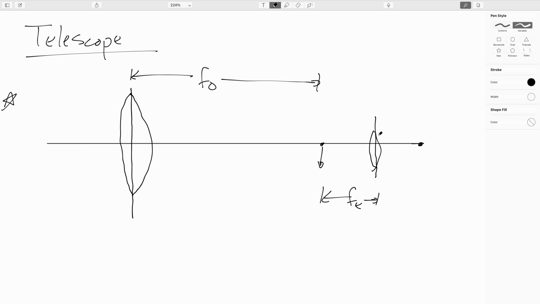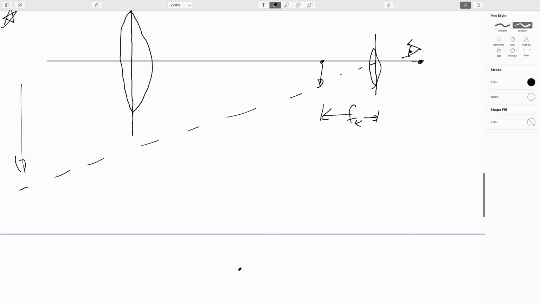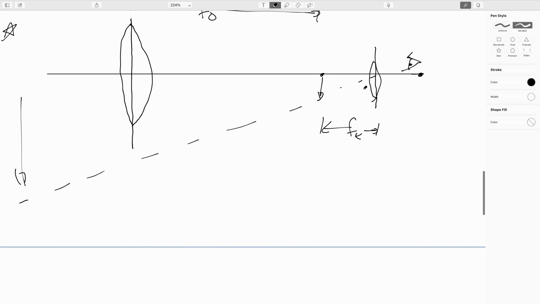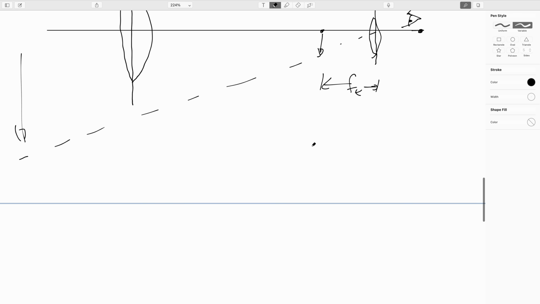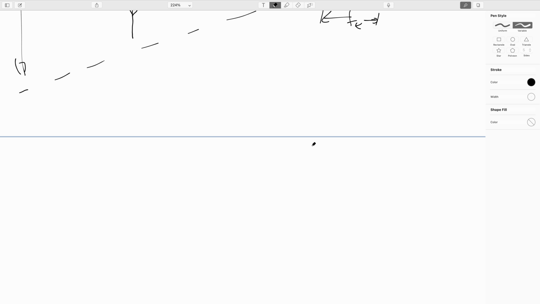So again, when you look through the eyepiece, this is going to look like a simple magnifier. So again, you're going to park an image way out over at infinity somewhere, and it will again be inverted. Although there are designs of eyepieces that fix the inversion issue.